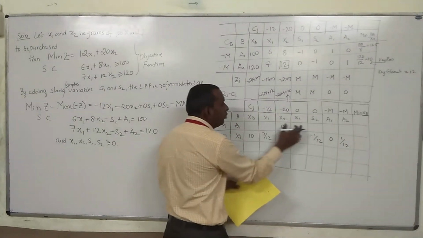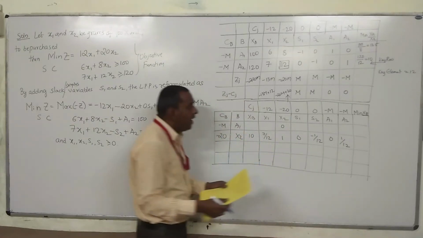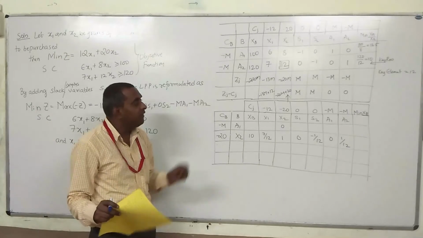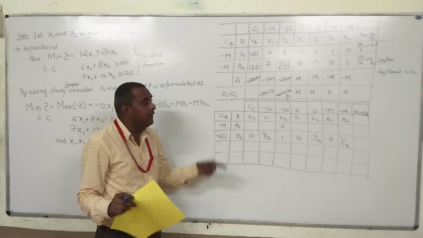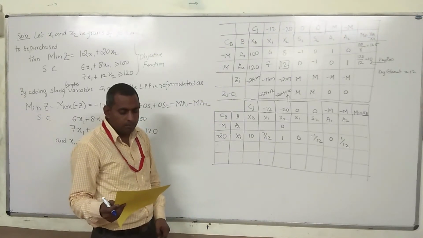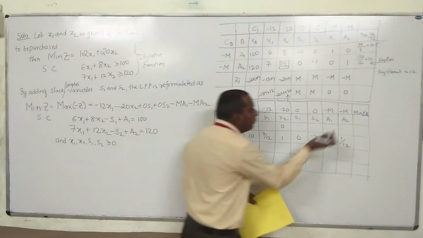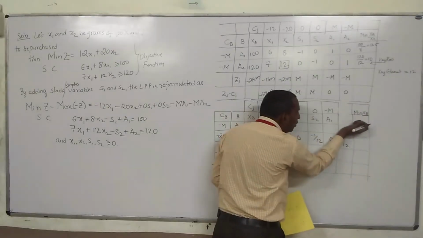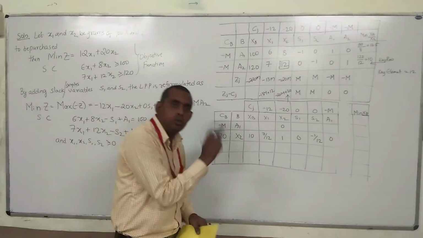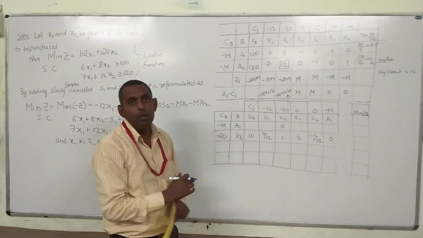We need to find these values. Fine. As we have seen in the simplex table note, if an artificial variable leaves the basis, we need to remove it from the column. So I will remove A2 from the column. The reason I have written it is to show you why we need to remove it.